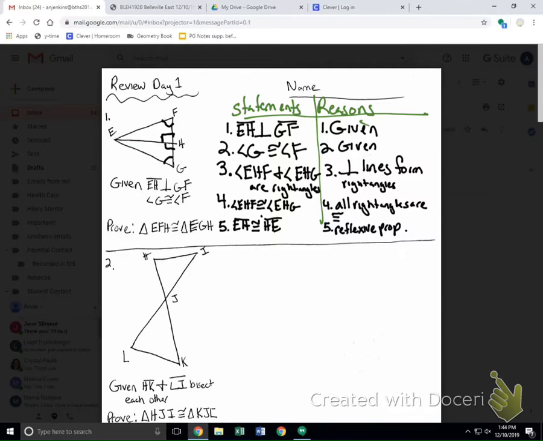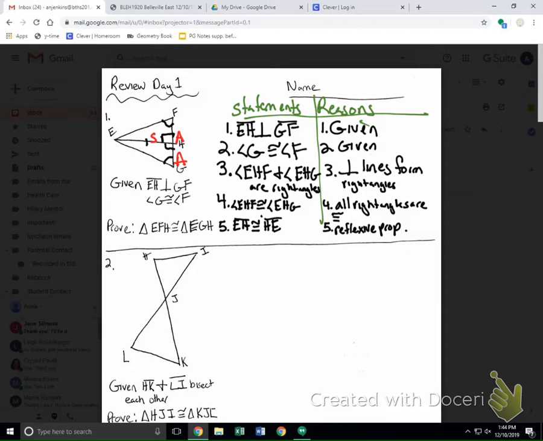So when we do this, we can now draw this in. We can list what we have. If this is not easy for you to see, I recommend bringing a different colored pen, and you can write it out like I do. AAS. You have 2 angles and a side. So you have 2 options, angle, angle, side, or angle, side, angle. If it's angle, side, angle, it's an included side.